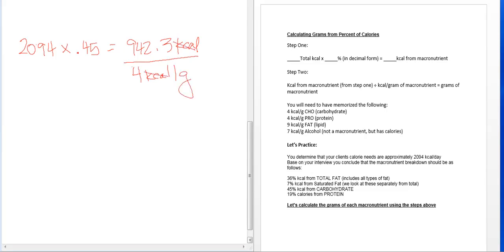We're going to cancel those units out, and we're going to find that there are 235.575 grams of carbohydrate. So we're going to round up to 236. So this person would want to eat around 236 grams of carbohydrates per day.